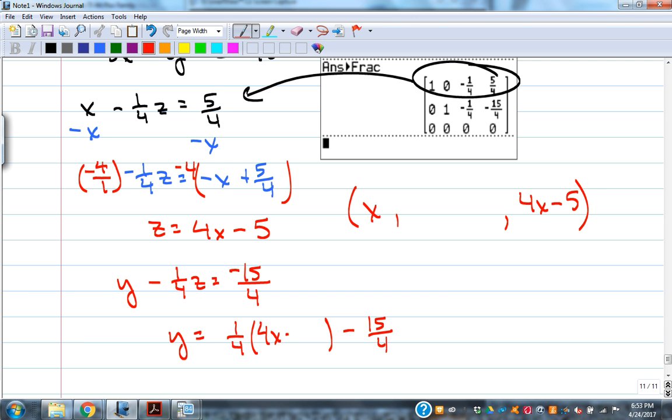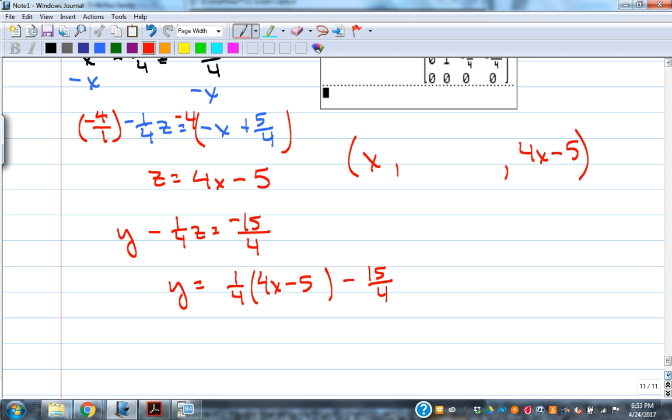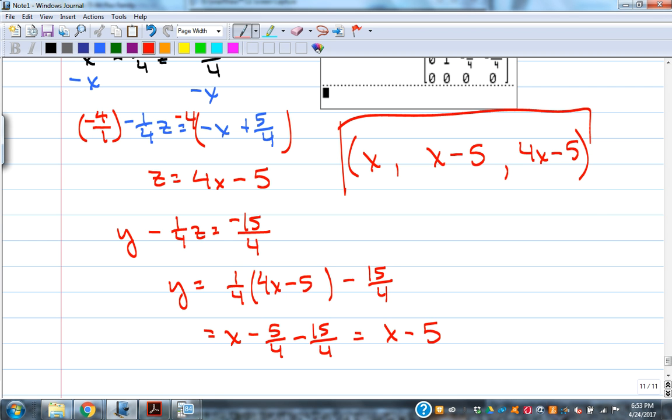Z is 4x minus 5. So that's going to be x minus 5/4 minus 15/4, which is x minus 20/4, which is x minus 5. And that's answer choice A.